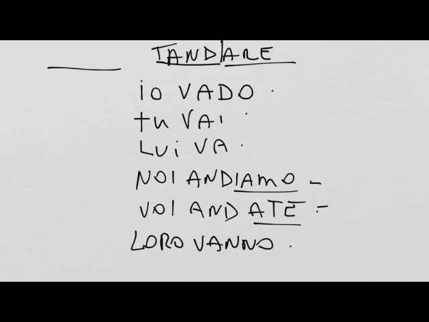But this is not the way to learn it. The only way to learn is not analytically, but simply to strictly memorize. Stare, fare, andare must be memorized entirely, as if they were the rhymes of a limerick, or the lines, the verses of a song or of a poem.